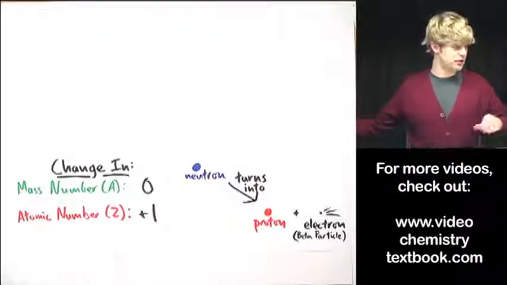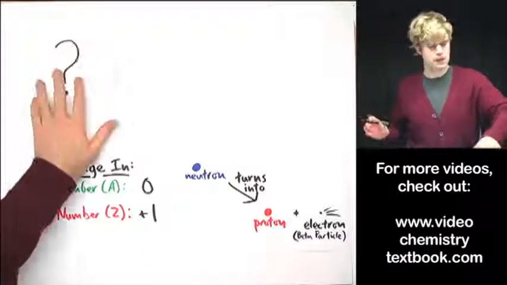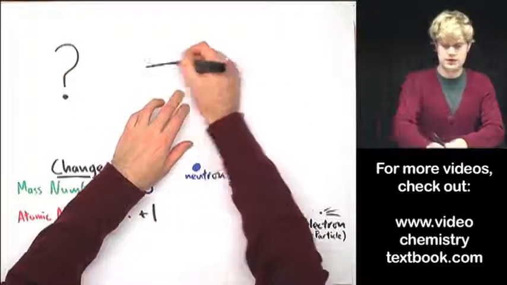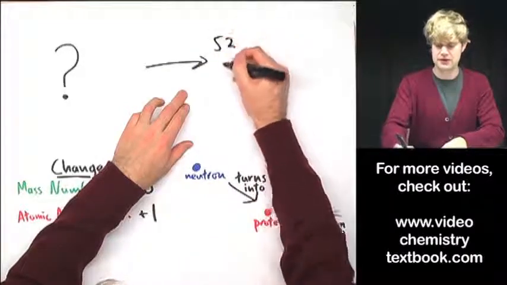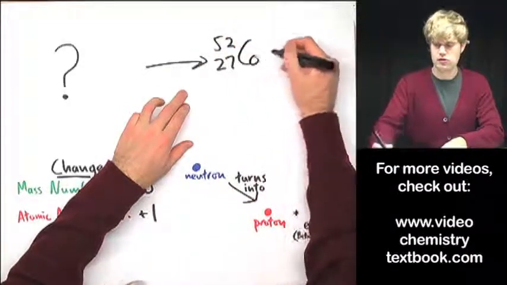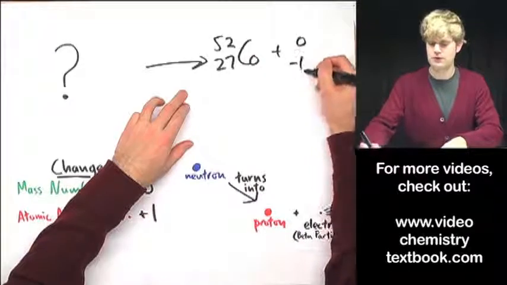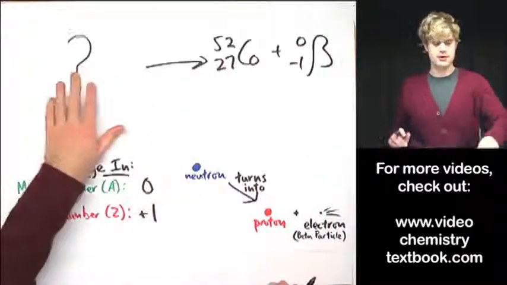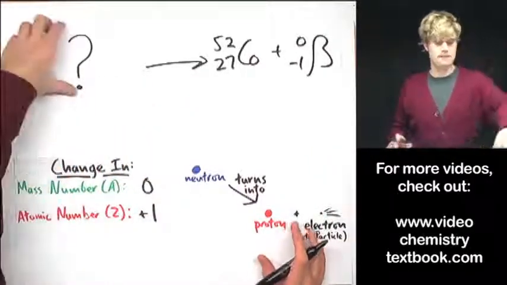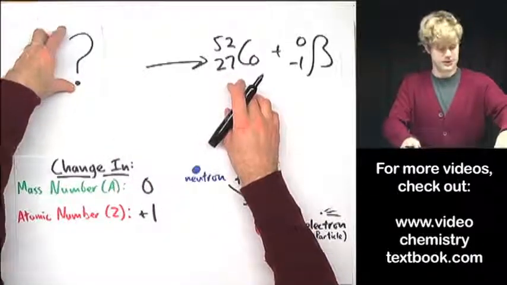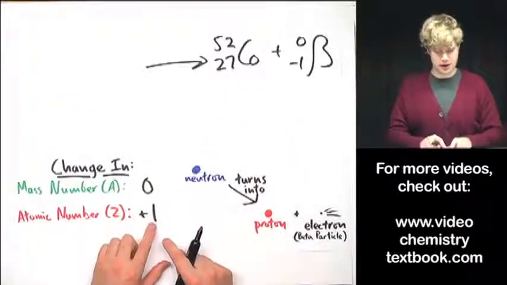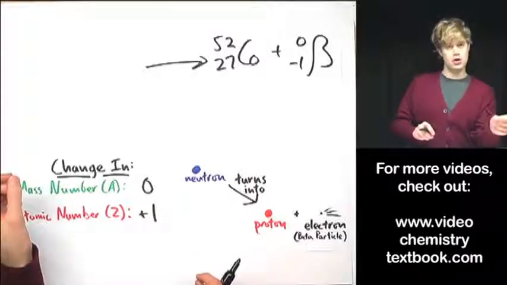That's kind of the reverse approach. We're starting with something, we don't know what it is, and it decays and gives us cobalt 52 as well as a beta particle. So, before this process started, the atomic number was 1 lower, right?